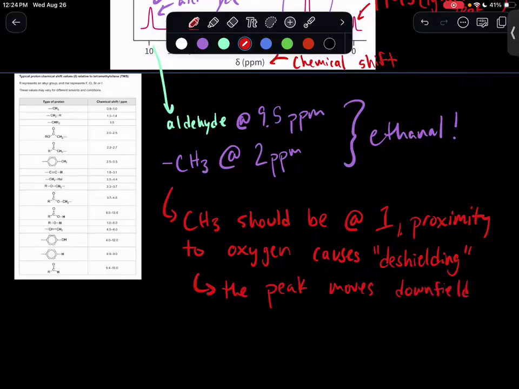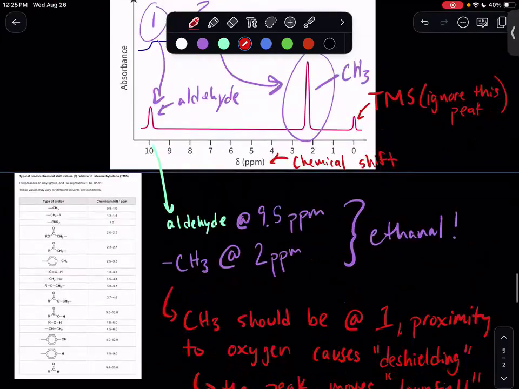That's a term I used earlier, basically meaning more towards 10, or to the left. Because these signals come from the resonance of hydrogens, a very strong electronegative atom like oxygen can affect that resonance frequency and cause de-shielding, which shifts our signal downfield. So this is still CH3, and this still makes sense with our integration trace as well.